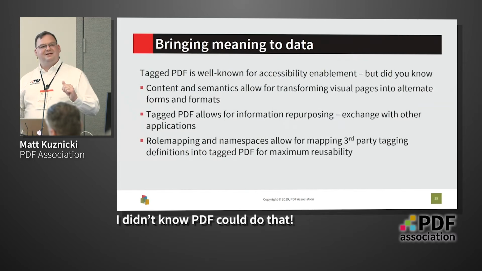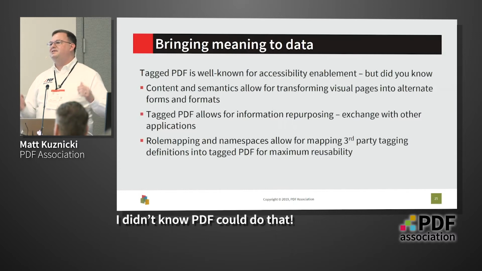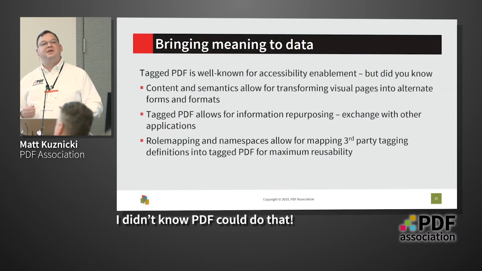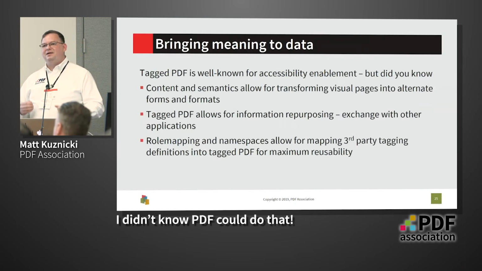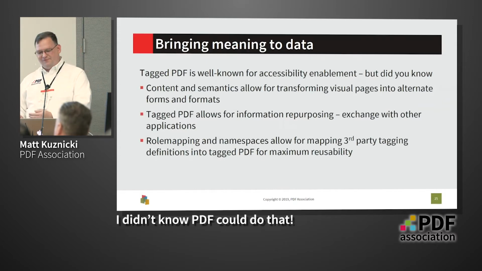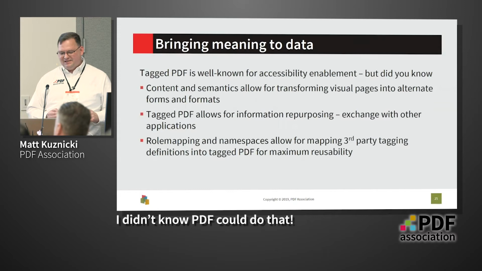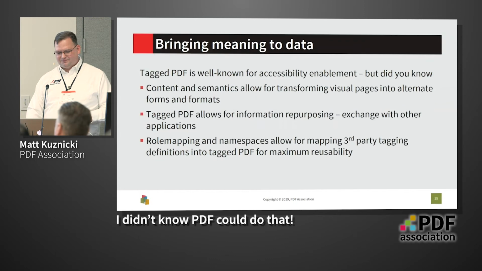That's complicated. Tag PDF is a standardized use of logical content, is well known for accessibility enablement, but it also enables transforming pages for alternate forms, for alternate formats, and for repurposing information, and for mapping this into other definitions for other workflows.